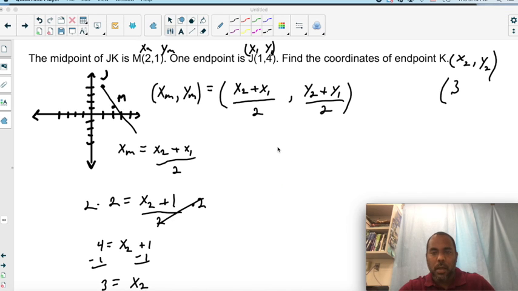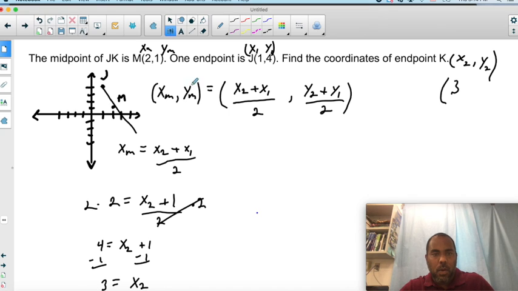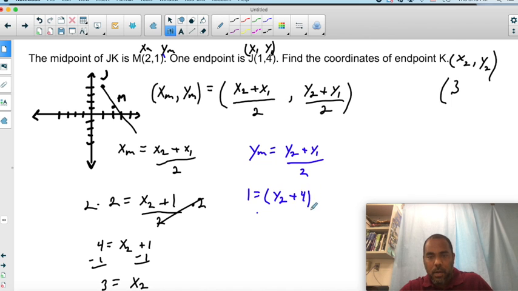For the second part, we know that y sub m is equal to y2 plus y1 all over 2. Y in the middle, do you know that to be 1? That's equal to y sub 2, which we don't know, that's the K value, plus y1, which is 4, all over 2. Same thing over here, we're going to multiply both sides by 2.